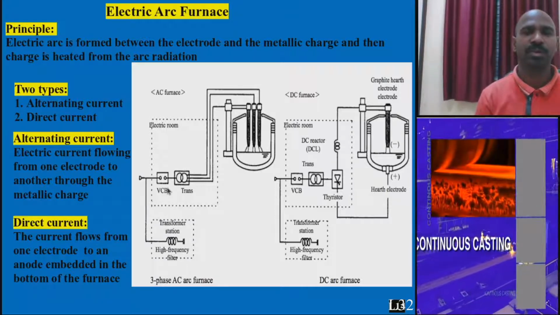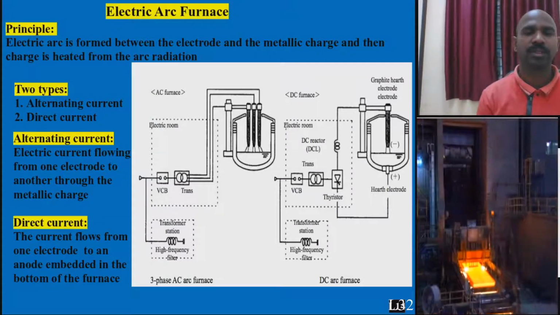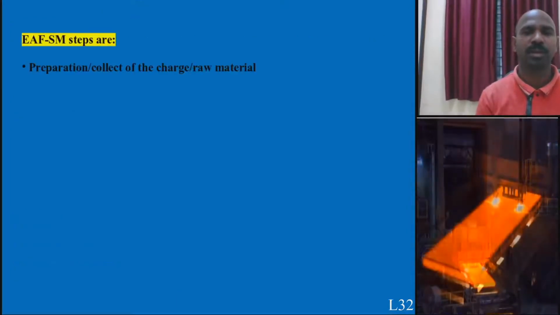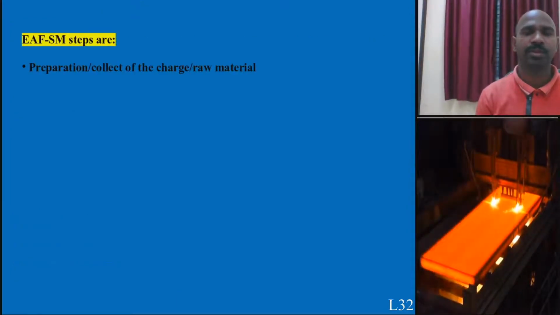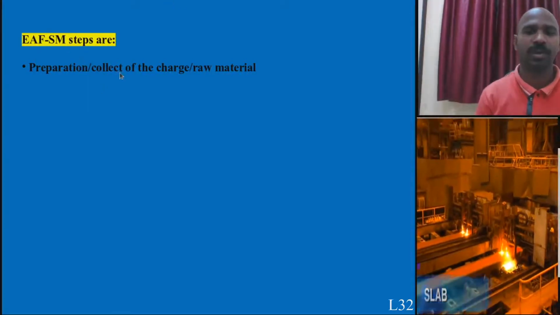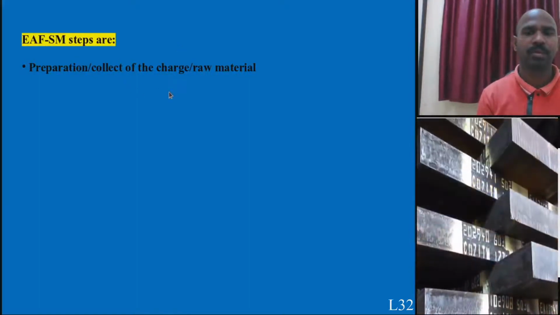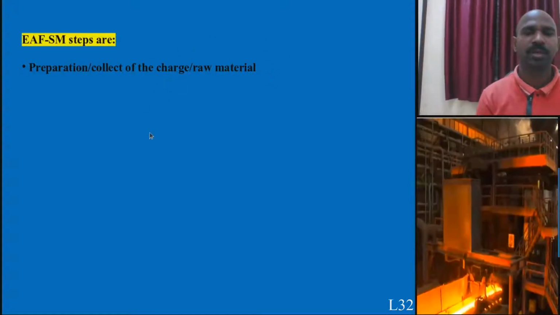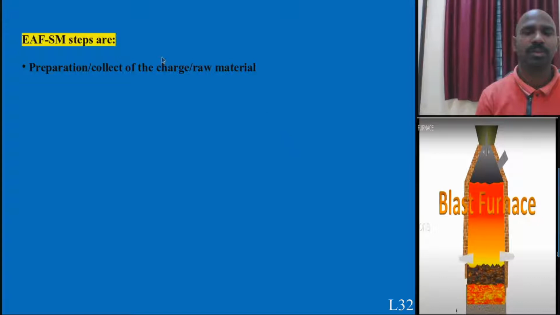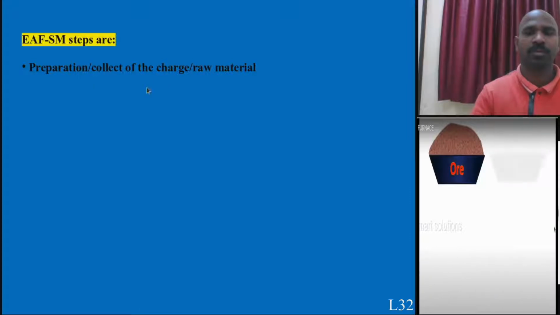Now coming to the next point, I am going to talk about the charge materials and the steps involved in electric arc furnace based steel making. First you need to collect the charge material. It could be steel scrap only, a combination of steel scrap and liquid pig iron, ferroalloy based steel making, the stainless steel production process, sponge iron based steel making, or sponge iron combined with liquid pig iron.